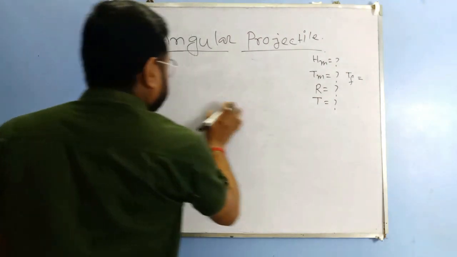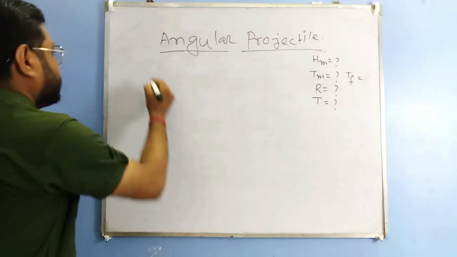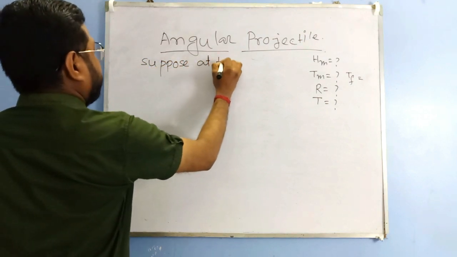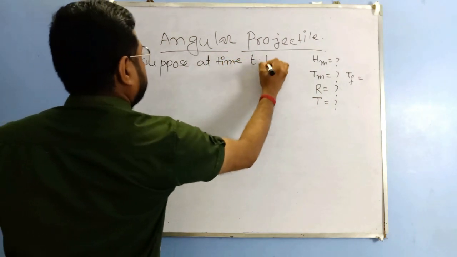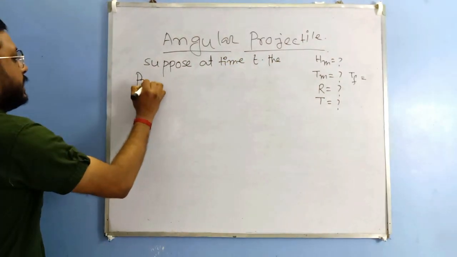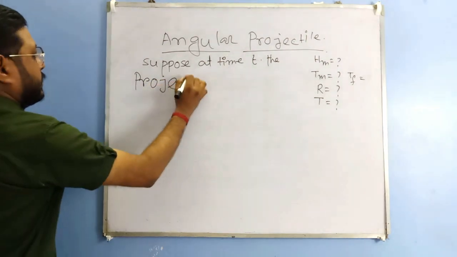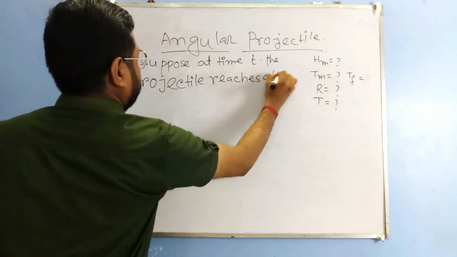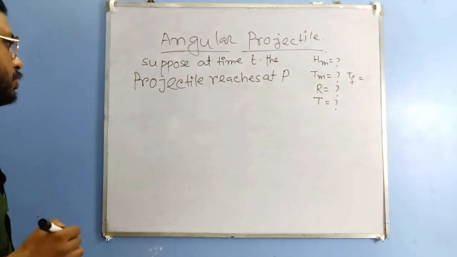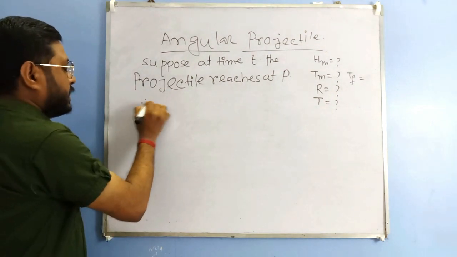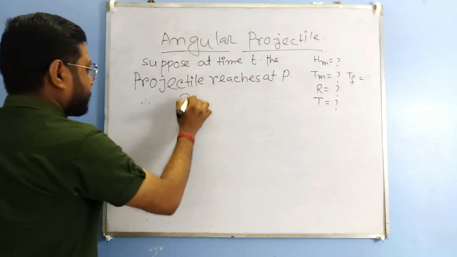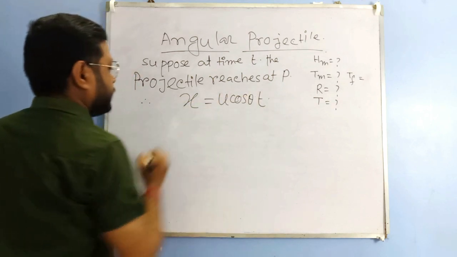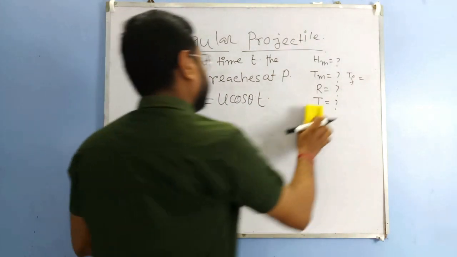So at first we find out the trajectory. Suppose at time t, the projectile reaches P. So we can say that x equals u cos theta into t.